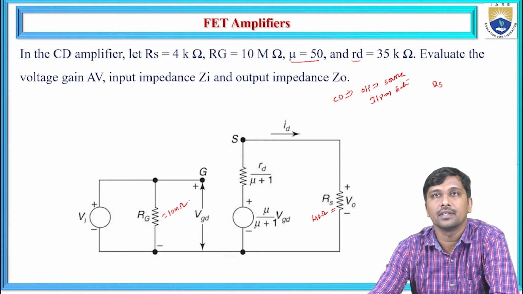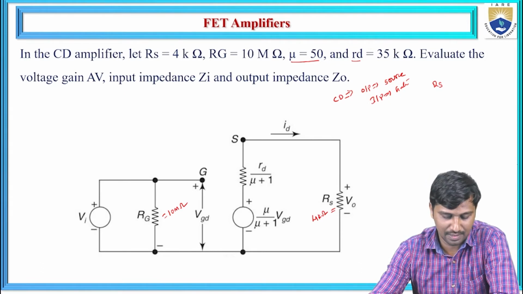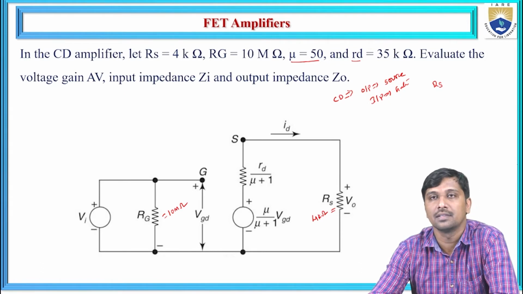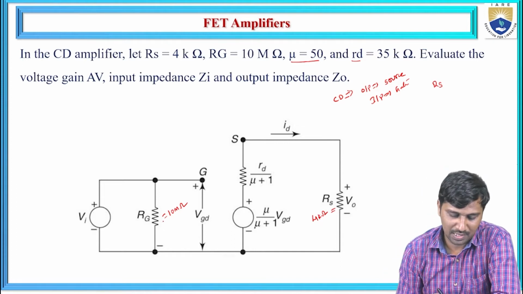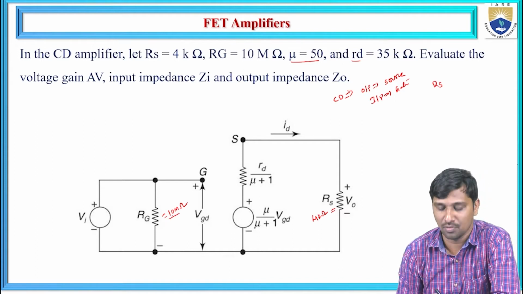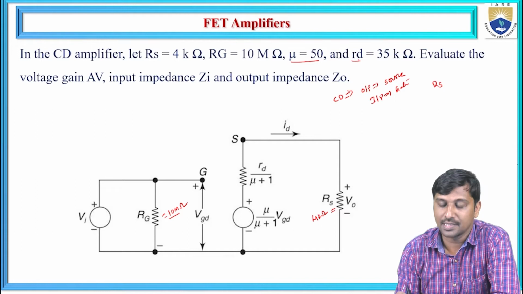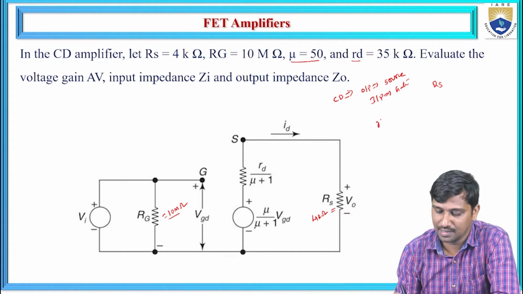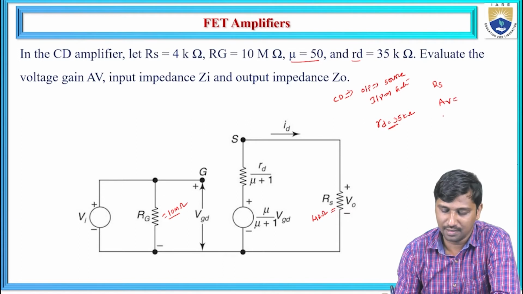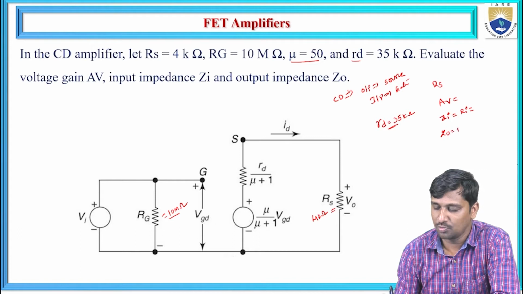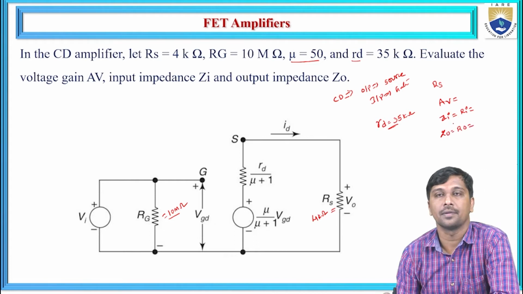From the JFET configuration, to control the flow of drain current, the gate resistance should be very large, so the FET has high input impedance, hence RG is 10 mega ohms. The internal drain resistance, also called the AC resistance, is 35 kilo ohms. Now we need to evaluate the voltage gain, the input impedance Zi, which you can also write as Ri, and the output impedance Zo.